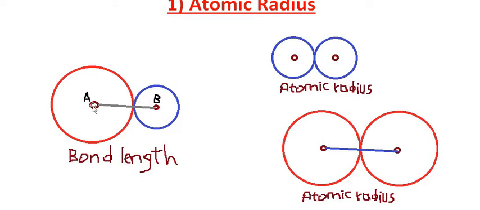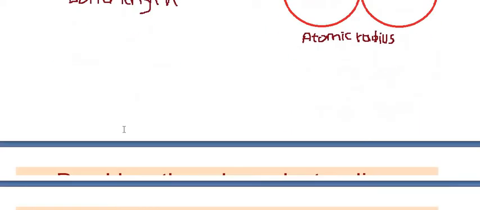If you have two dissimilar atoms and measure the distance between the two nuclei, you get what is known as bond length. You can't divide this distance over 2 to get the radius of any atom because the two atoms are different.